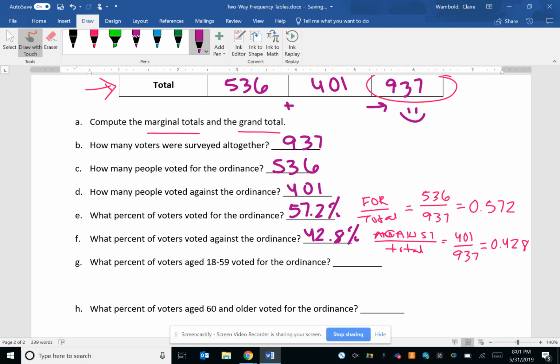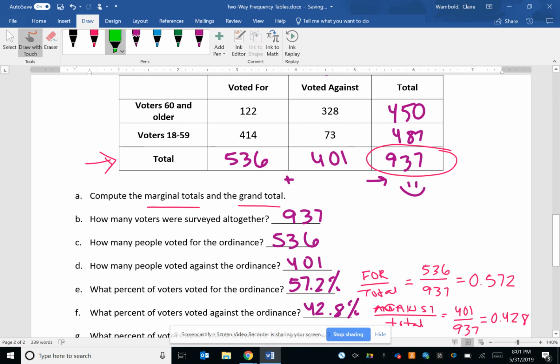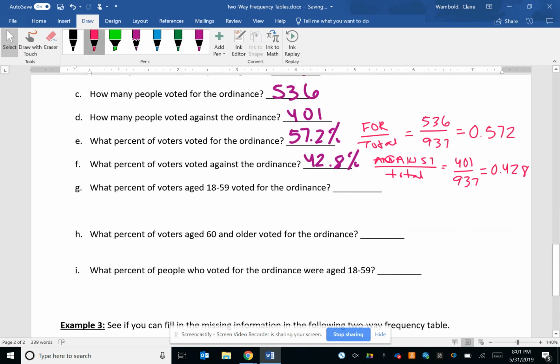Part G, what percent of voters aged 18 to 59 voted for the ordinance? So now we're kind of breaking it into the subgroups. We're just focusing on one age group and one type of voter in that age group. So we need to know how many of the 18 to 59 were for the ordinance, and we need to know the total number of 18 to 59-year-olds.